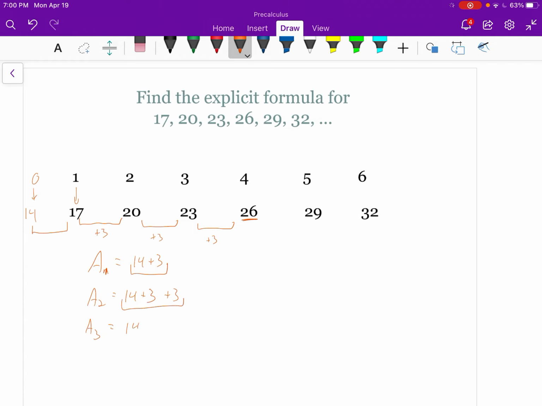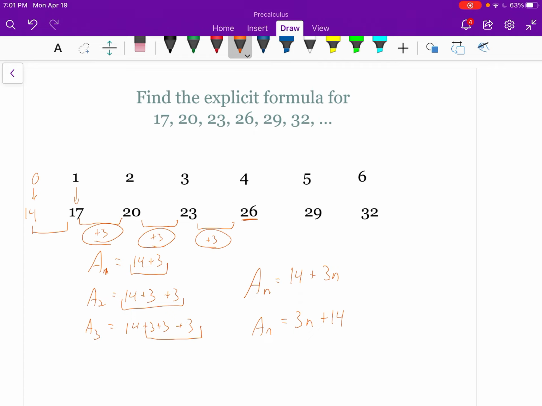Next would be this term plus another 3. So it looks like our nth term, we would take 14 and add on n threes, so 3n. Now this actually looks kind of linear, so we would do 3n plus 14.